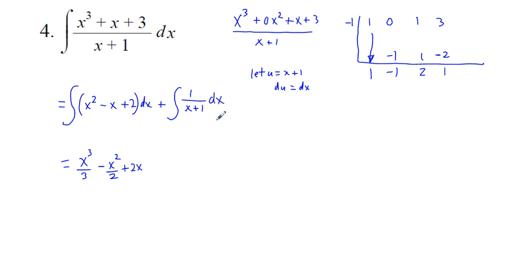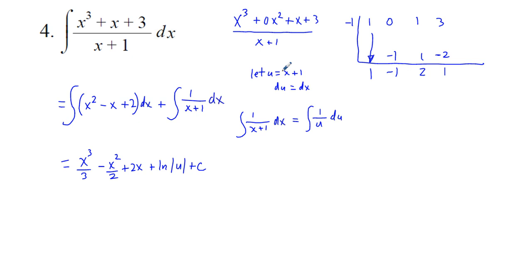And so we can take this term here and we can make this, we'll say integral of 1 over x plus 1 dx is equal to the integral of 1 over u du. And now we're just going to bring this down here. The integral of 1 over u du is the natural logarithm of the absolute value of u plus c.